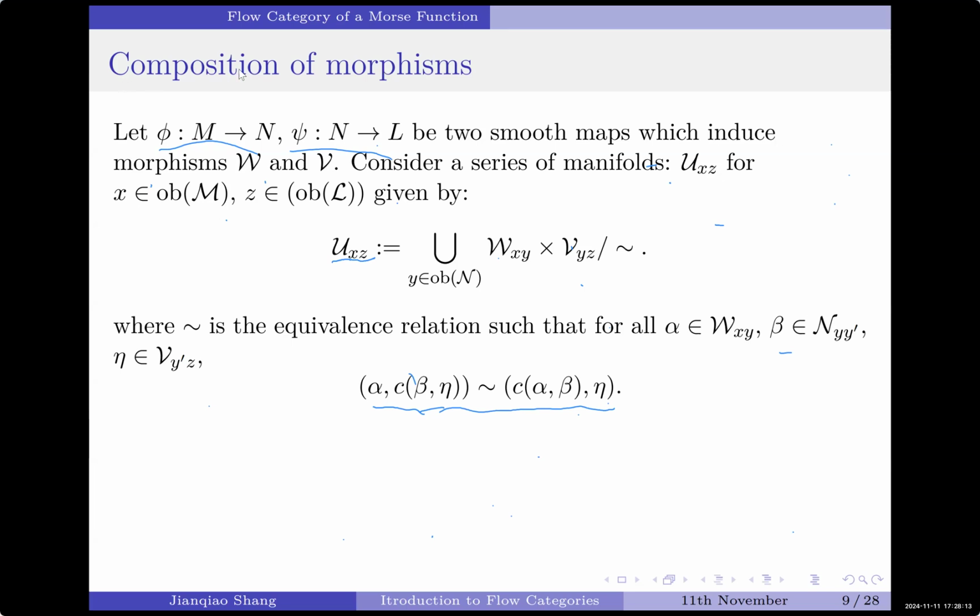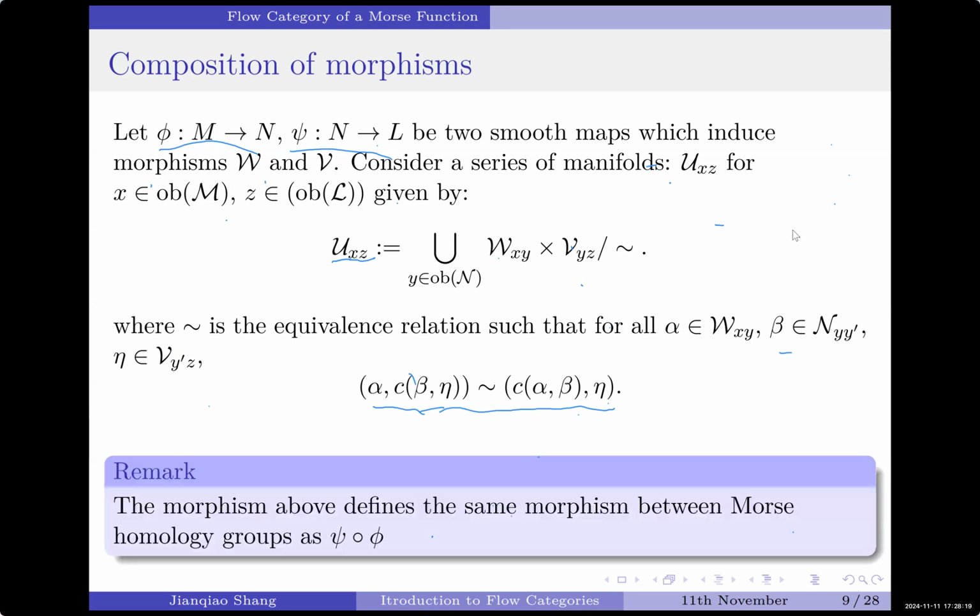So that's the definition of the composition. But before I show you the picture, I claim that if I define the morphisms between the Morse homologies using such U, and the morphisms between Morse homologies by just the composition of the smooth maps, they are the same.